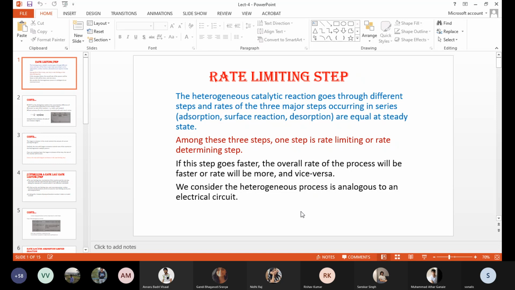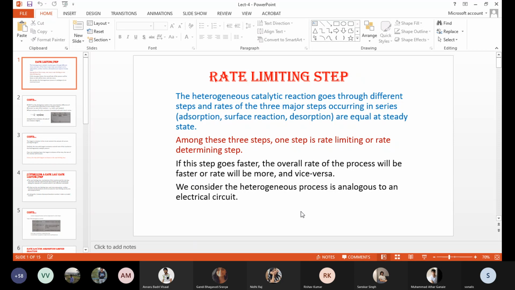If this step goes faster, the overall rate of the process will be faster, and vice versa. So if adsorption is very slow compared to the surface reaction and desorption, then adsorption is controlling the process. Until adsorption is complete, reaction cannot proceed, or reaction rate will also be slow. Similarly, I had taken the example of a relay race.